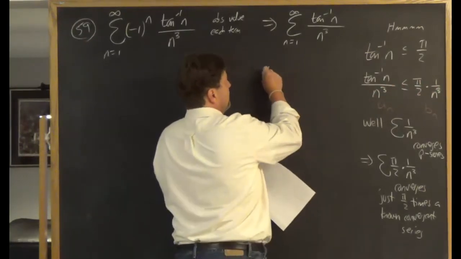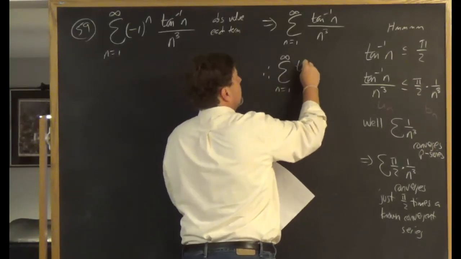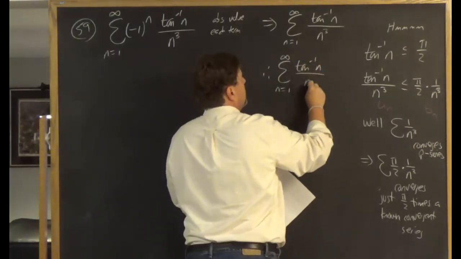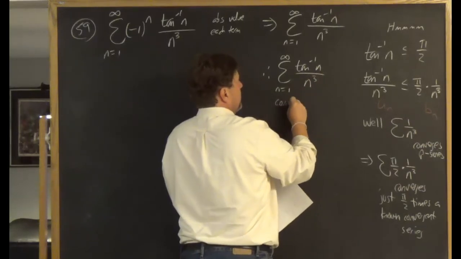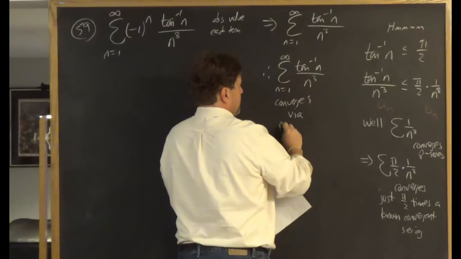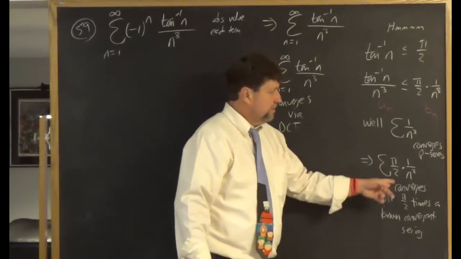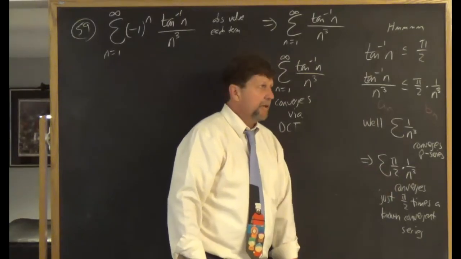So let me write that down. I now know this series converges. And why do I know that? Well, it's thanks to the direct comparison test with the series pi over 2 times 1 over n cubed.